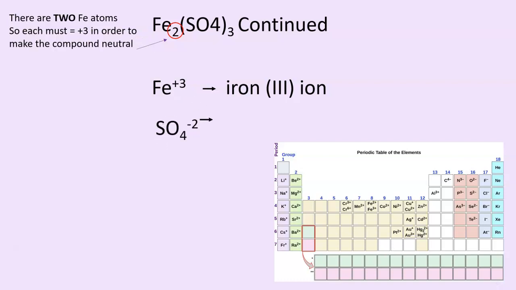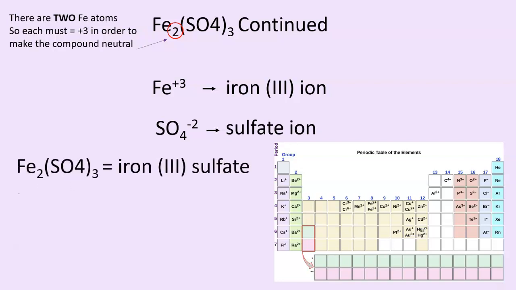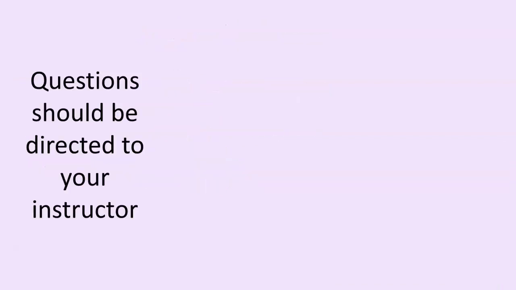So we have the Fe +3, that's an iron 3 ion, and then of course we have our polyatomic ion, which is a sulfate ion. If you combine those together and drop off the word ion, your final answer is going to be iron 3 sulfate.